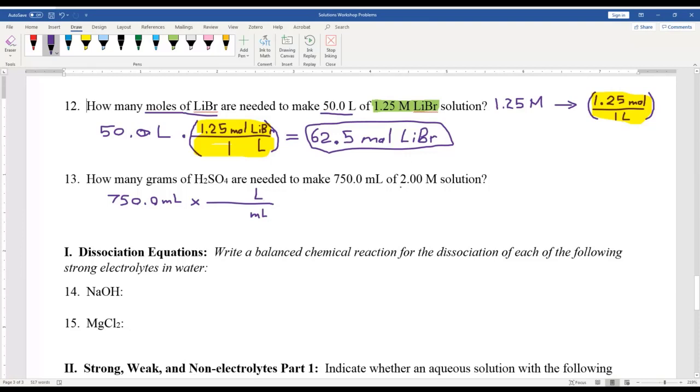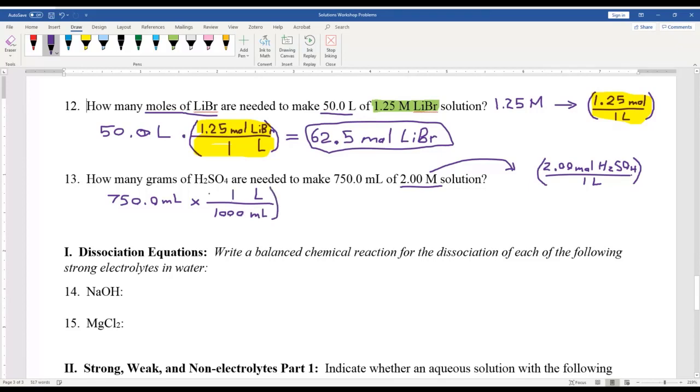Because of course our 2 molar can be written as a conversion factor, 2.00 moles of H2SO4 over 1 liter. That's what that 2 molar means, 2 moles per 1 liter. So I need liters, so I have to convert the milliliters to liters. There's that one extra step here.